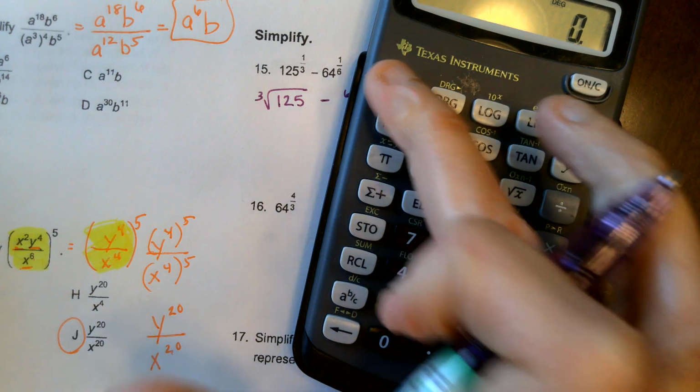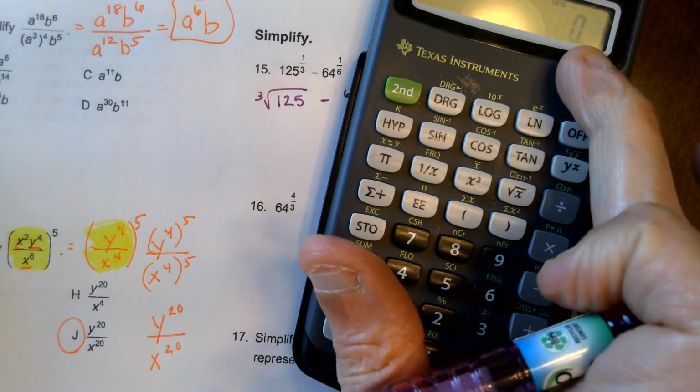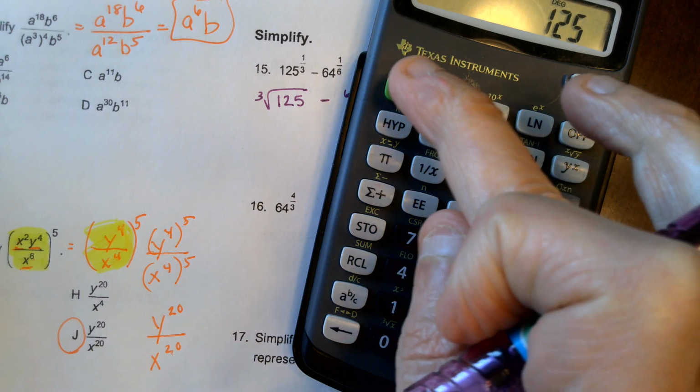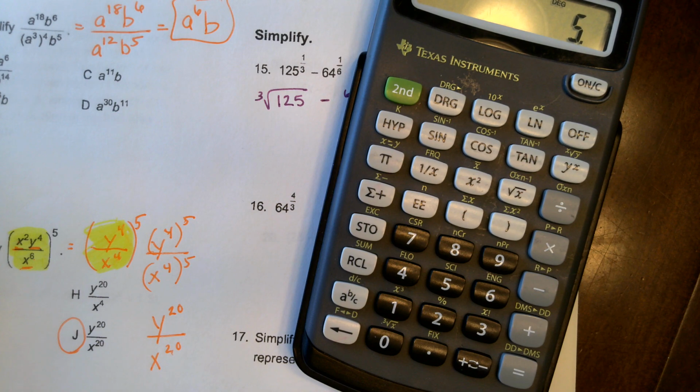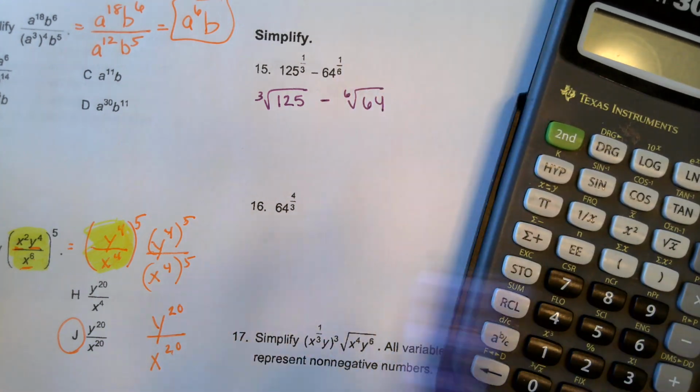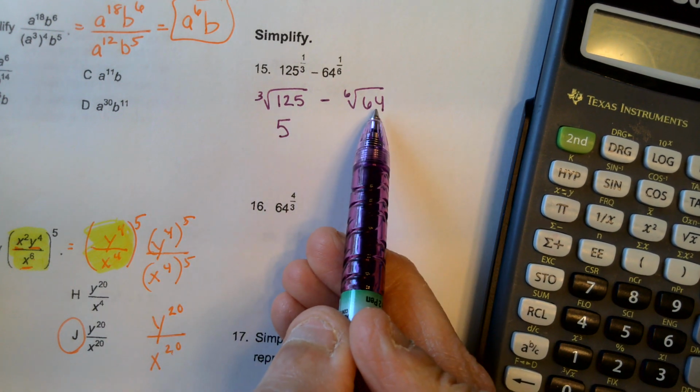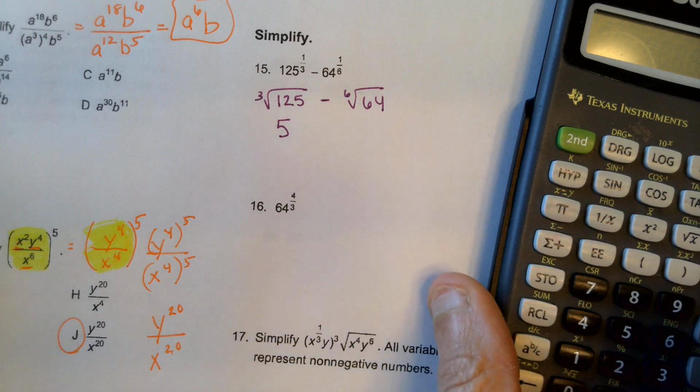So on the bottom here is the 3rd root right here. Actually, I'm sorry, on this calculator I put the 125 in first, and then 2nd and 3rd root, and it's 5. So typically, if they come out whole, they're going to be pretty small anyway, and 5 times 5 times 5 is 125. Now, the 6th root of 64, it's going to have to be kind of small.